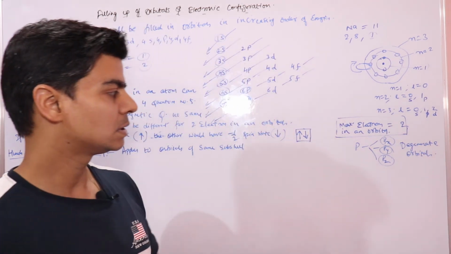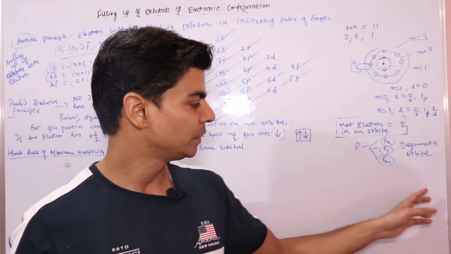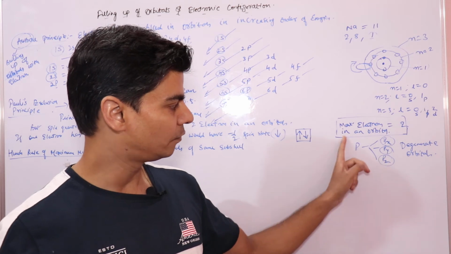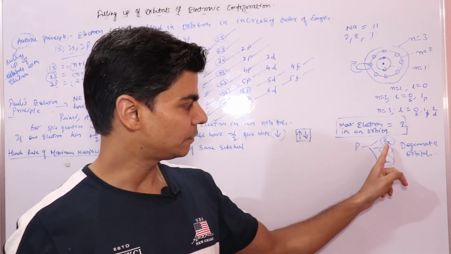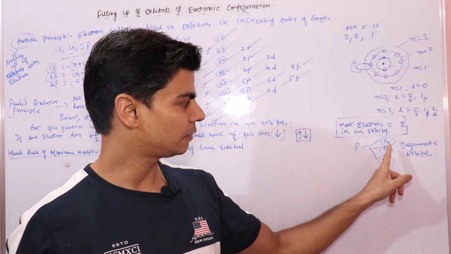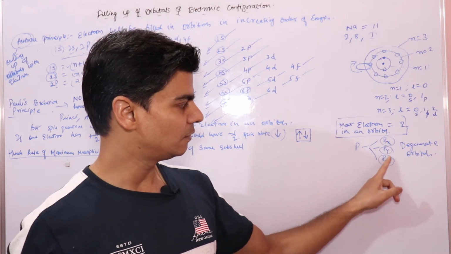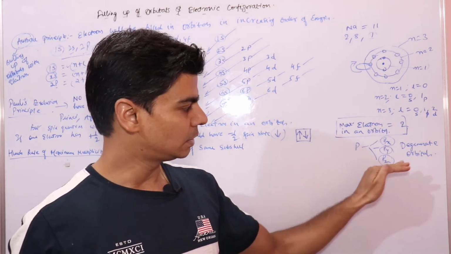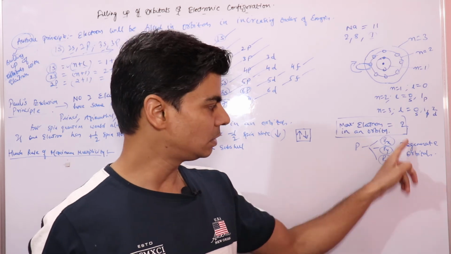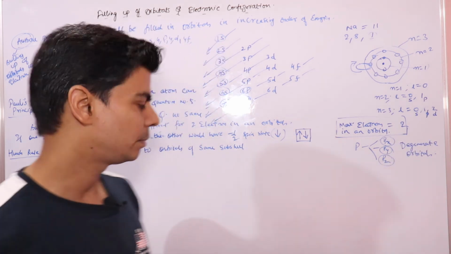Degenerate orbitals means orbitals that have same energy. All these 3 orbitals of p subshell will have same energy. So it doesn't matter if electron is present in px, py or pz, the energy would be same. So such orbitals that have same energy are degenerate orbitals, right?